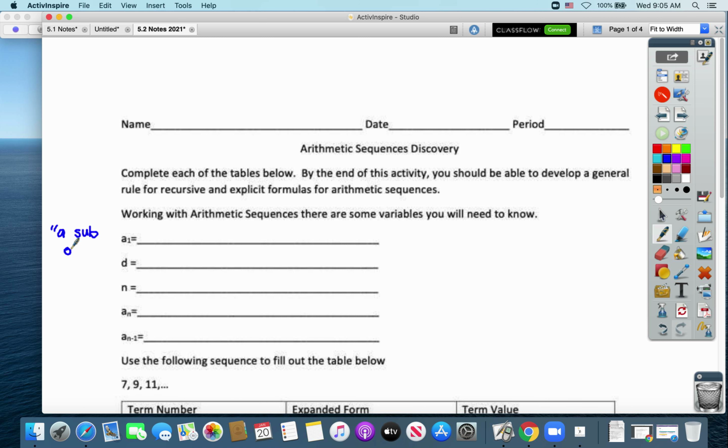Because the 1 is down below, it's called being down in the subscript. So when you type these in, you will use the sub button to get this down in the subscript. It's not right next to the 1, it's down a little bit lower. So a sub 1 is how we read that, and that's going to represent our first term in the sequence.